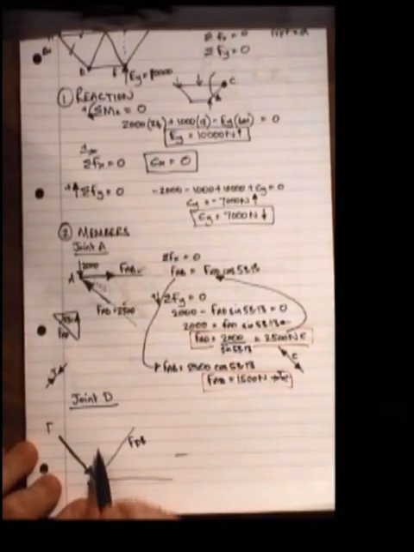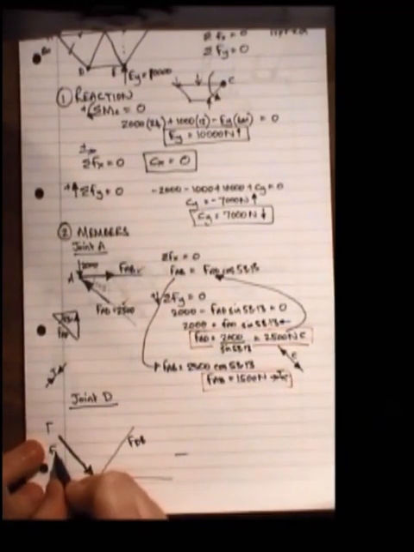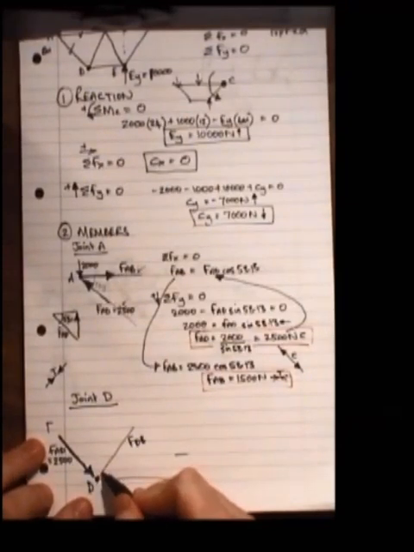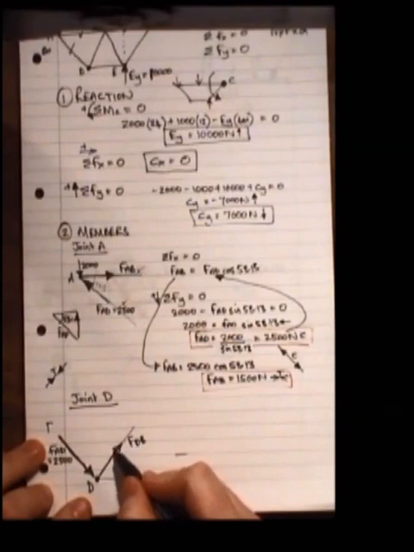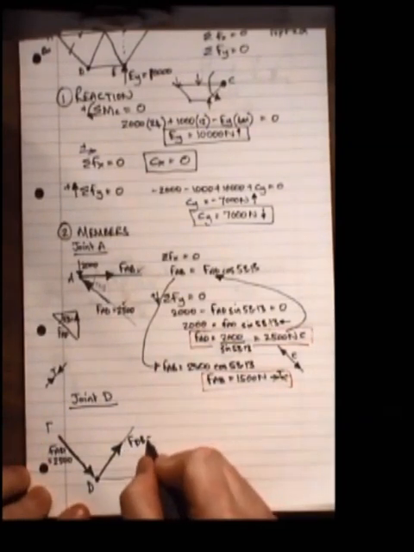If you looked at the forces in a vertical direction, and if you wanted to try and keep D in that location, you've got FAD pushing down, that was 2,500. Therefore, FDB must be pushing upwards. I don't know what that is yet.